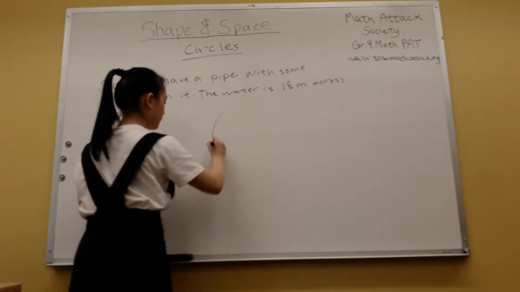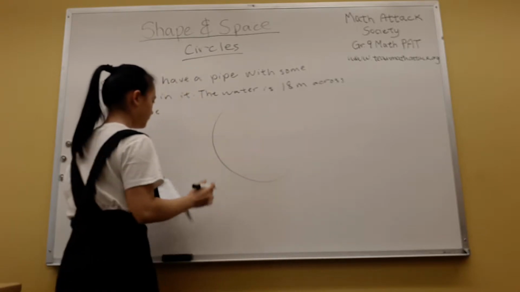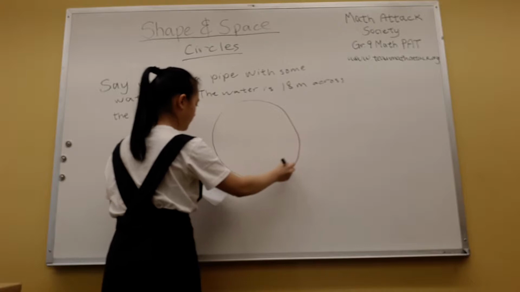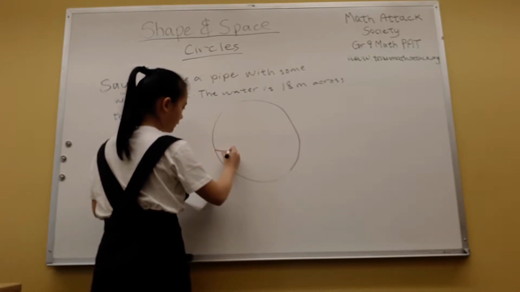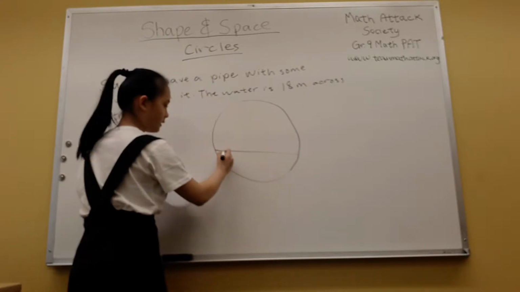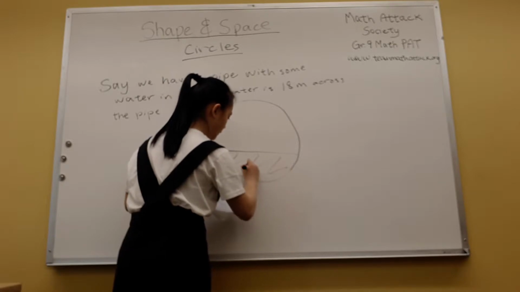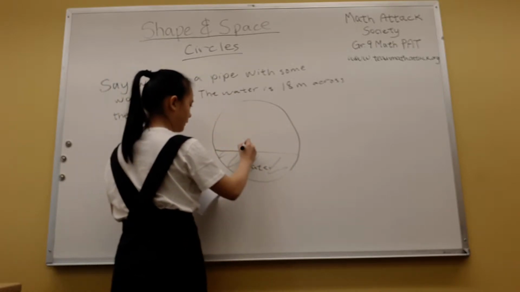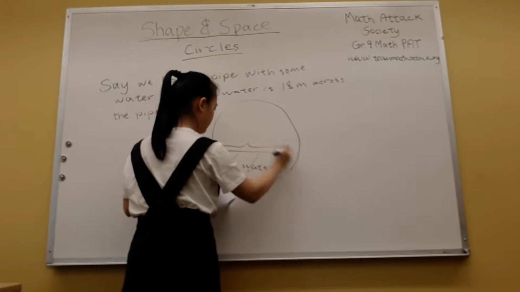So, what I mean, we have a pipe right here, and this pipe is on its side, just like normal pipes, and there's water right here. Everything below, this is all water. The water right here is 18 meters across.